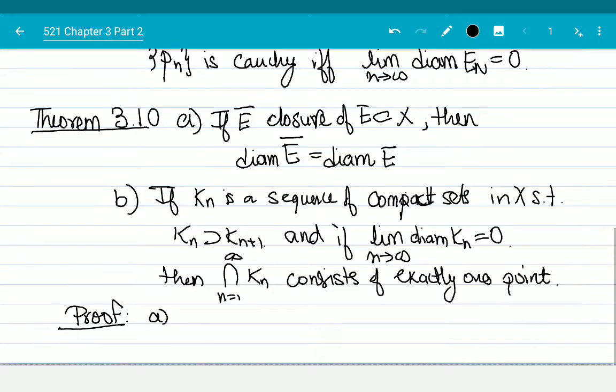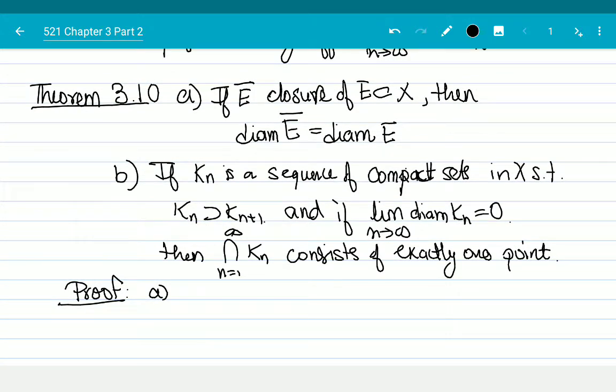Part A. Well, it is clear that E is a subset of E bar. As E belongs to E bar, the diameter of E has to be smaller than or equal to the diameter of E bar, right?